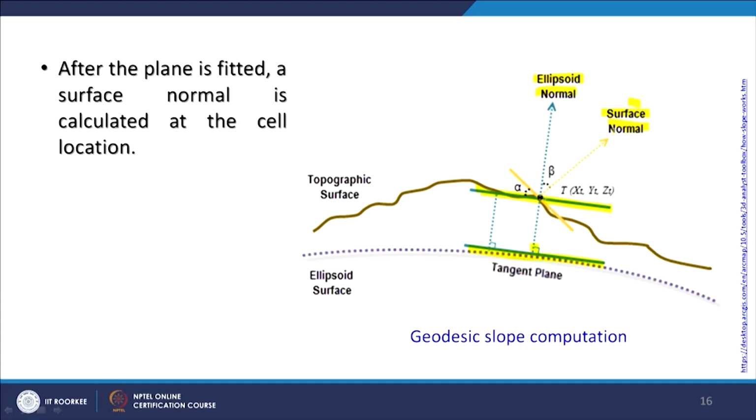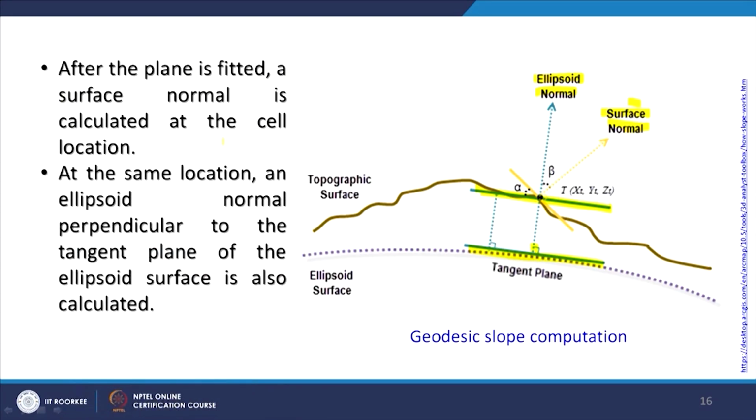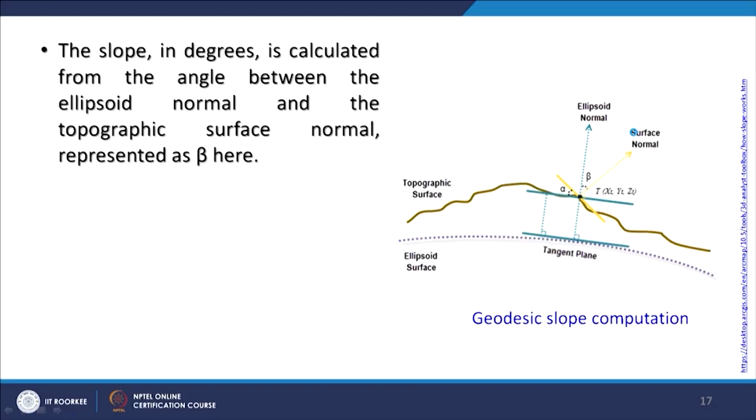So, after the plane is fitted, a surface normal is calculated at each cell location, and at the same location an ellipsoid normal, perpendicular to the tangent plane of the ellipsoid surface, is also calculated. So, here is one normal, the ellipsoidal normal, and here is another normal, which is the surface normal. All these have to be calculated.